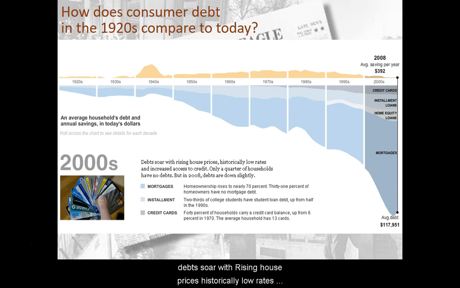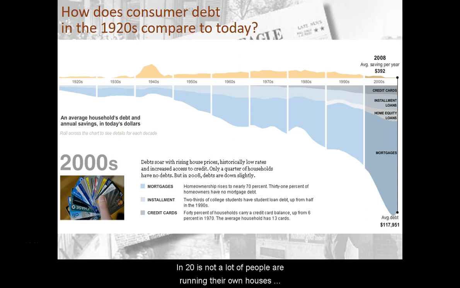So, debts soar with rising house prices, historically low rates, and increased access to credit. Only 1/4 of households in America by 2008 have no debt. Home ownership rises nearly 70%.